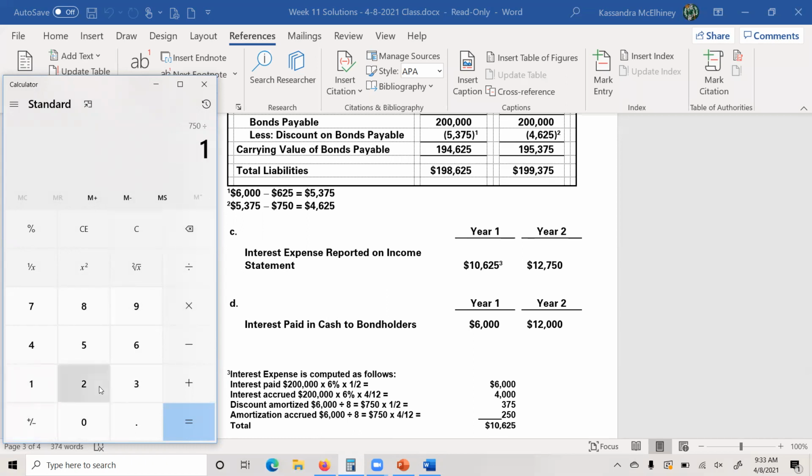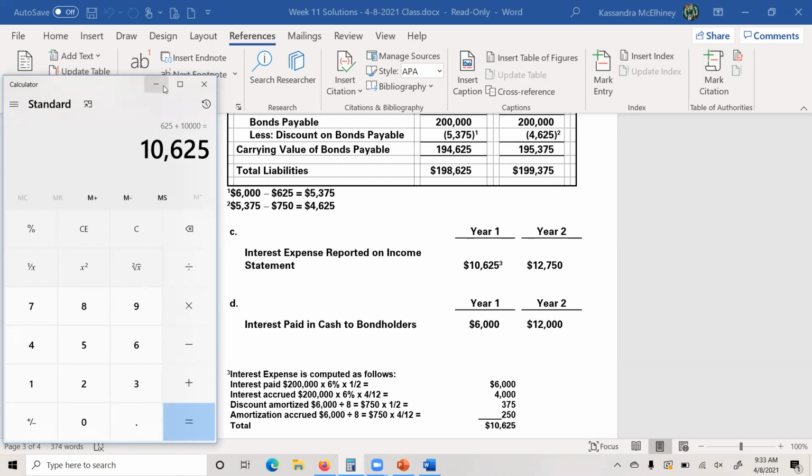Whoops, 12, not 11. So 62.5 times 10, not 1. So plus the $10,000 of interest that we recognize during the year, interest paid and interest accrued.